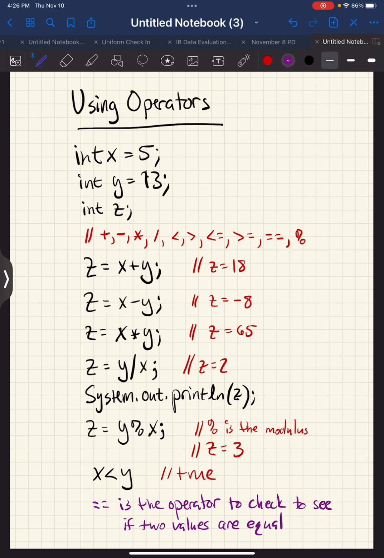Literally, it's checking to see if the bits for either of the variables or the things being compared are the same bits.